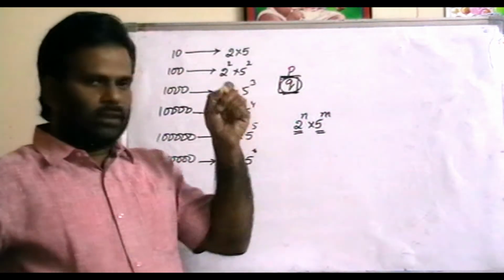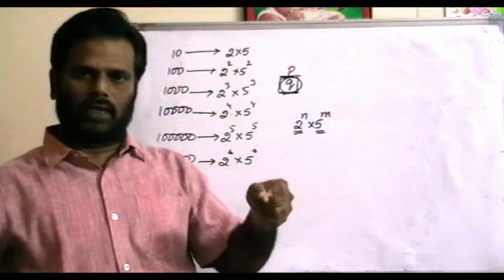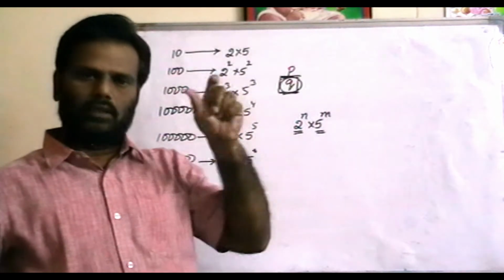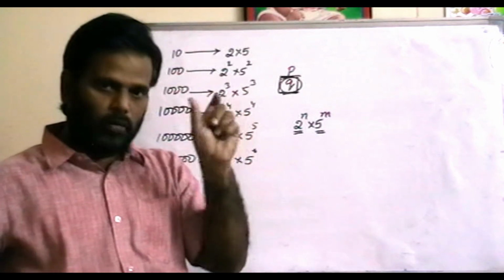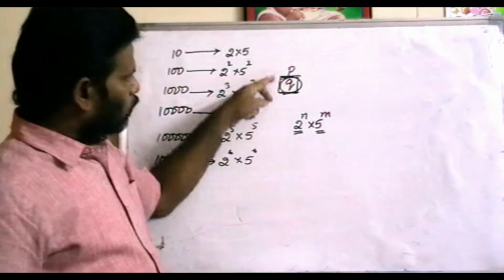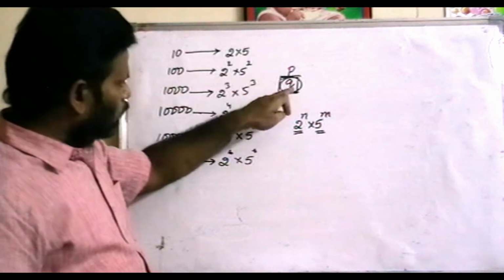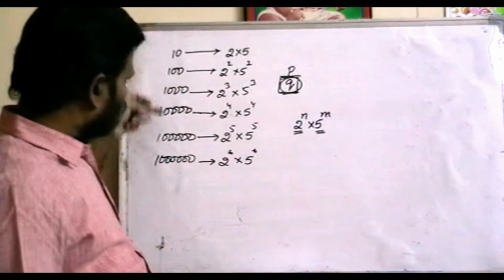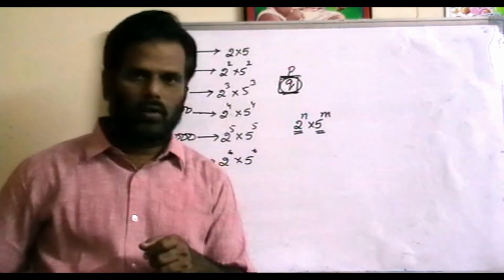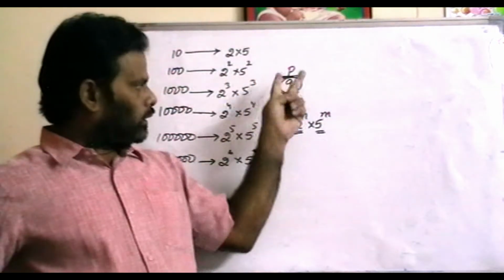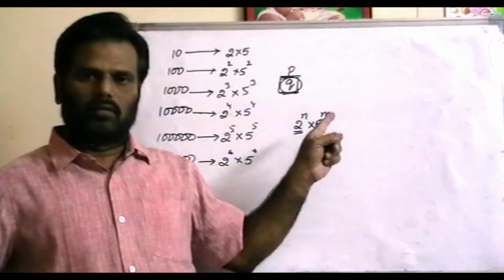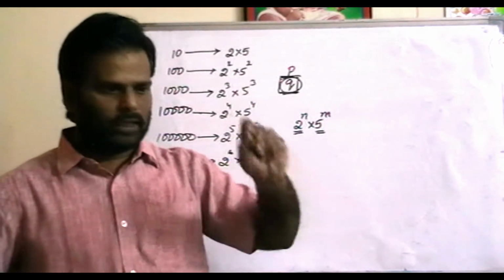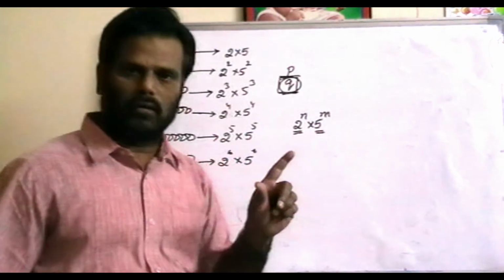So whether it is terminating or non-terminating depends on the denominator. If the denominator of the given rational number can be changed to the nearby round figure, that is, its prime factors are in the form of 2 power n into 5 power m, then without division we can say that yes, it is a terminating decimal.